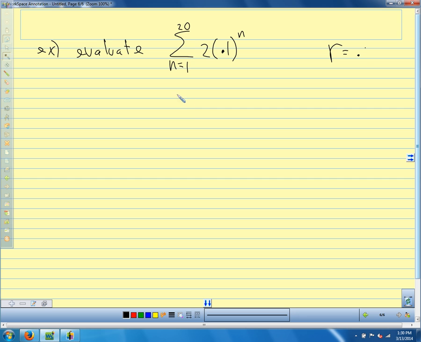So this is 2 times 0.1 to the 1 plus 2 times 0.1 squared plus 2 times 0.1 to the third plus dot dot dot. So we see that we're multiplying each term by 0.1. A sub 1, what's the first term going to be? What's 2 times 0.1? 0.2.